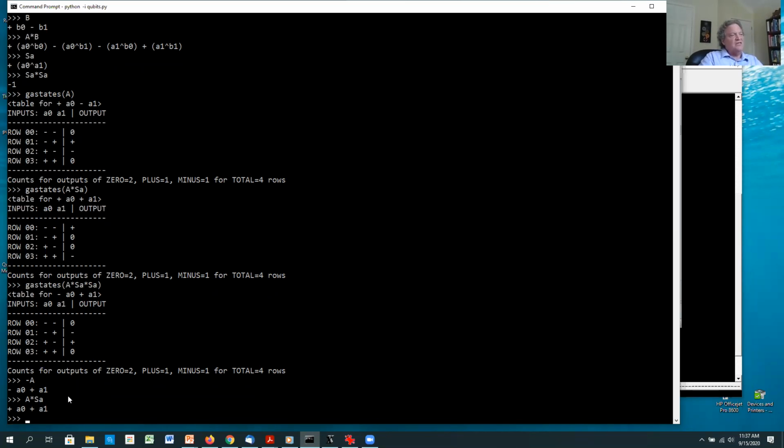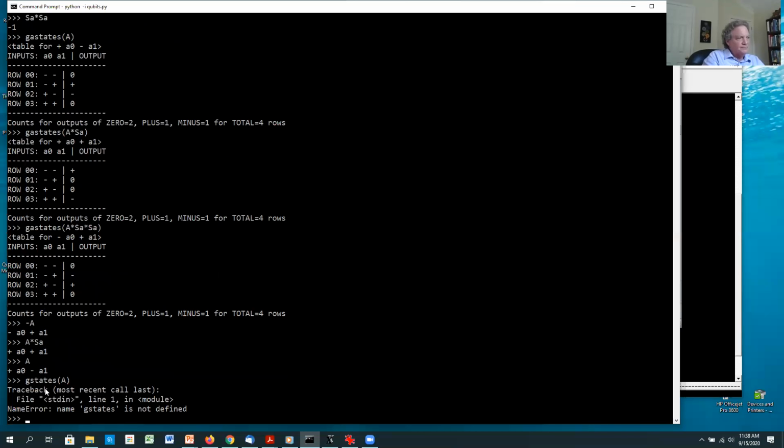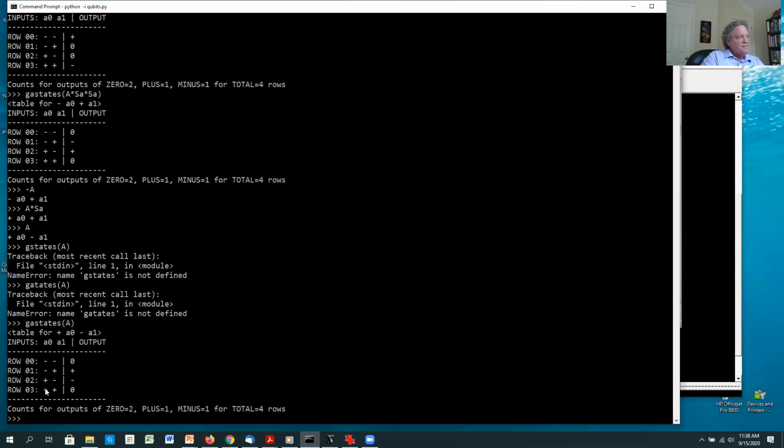Okay, so as you can see, what I did for my dissertation was show that this here, where A looks like this, looks like a qubit. Okay, it's not assumed that I've embedded it in three-dimensional space. You're not going to see a Bloch sphere. But if I look at GA states for this, remember what I was saying earlier, that it has these two rows, and these other two rows do not occur.